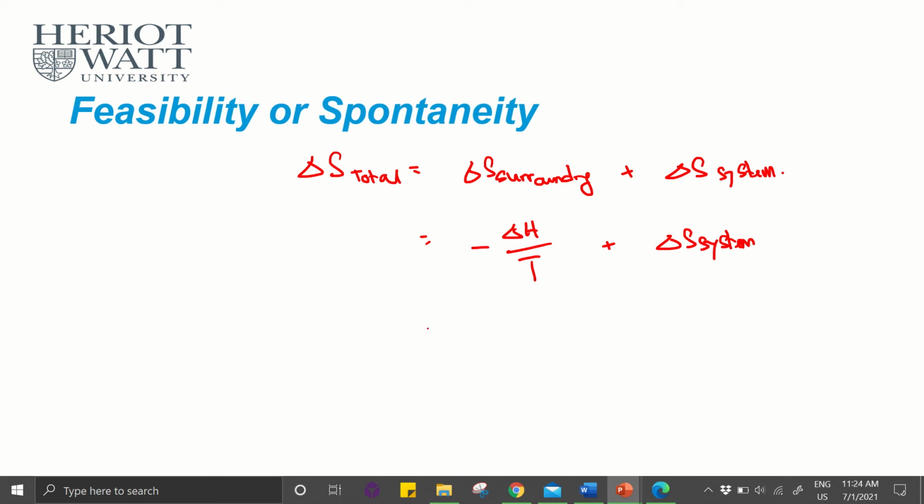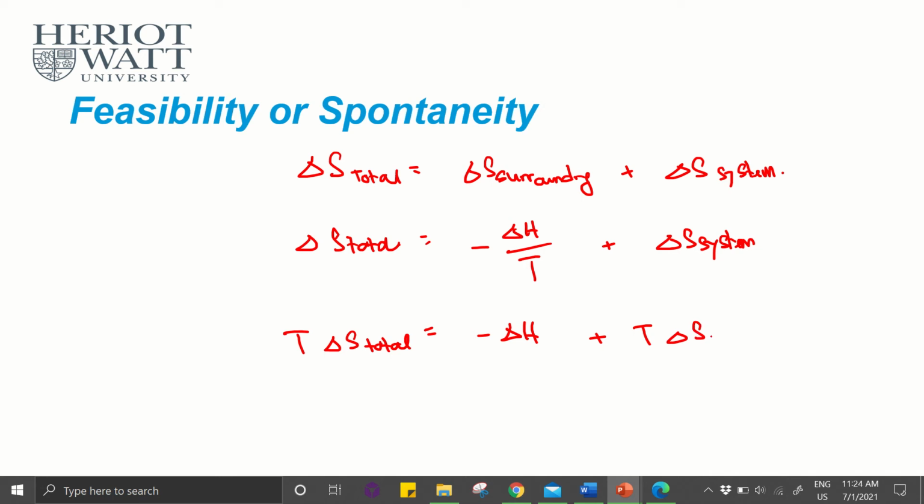And then this can be equivalent to, if we multiply everything with the temperature, temperature multiplied with entropy change total equals negative enthalpy change.